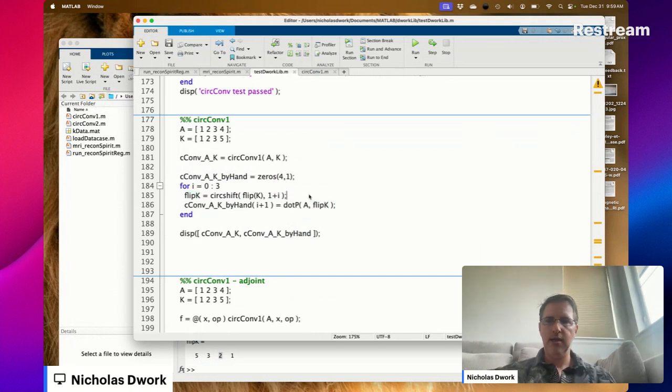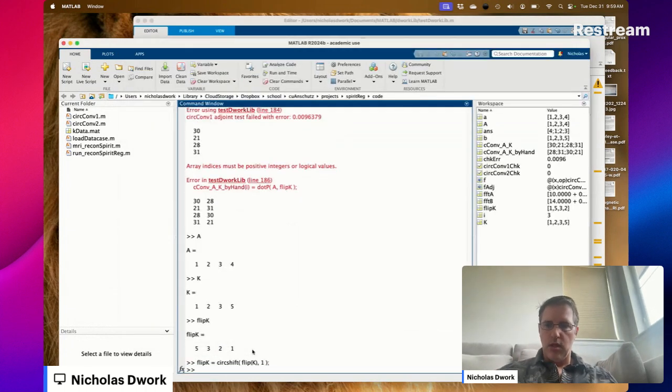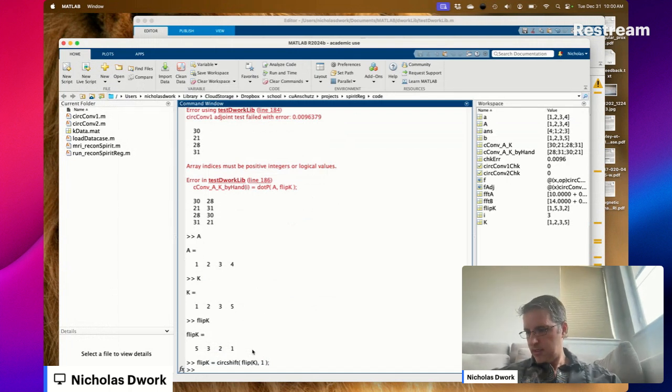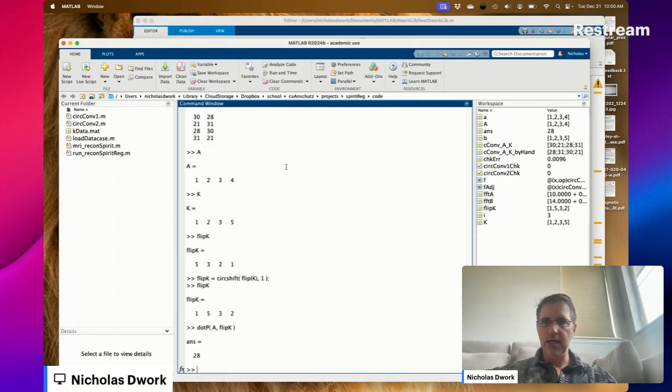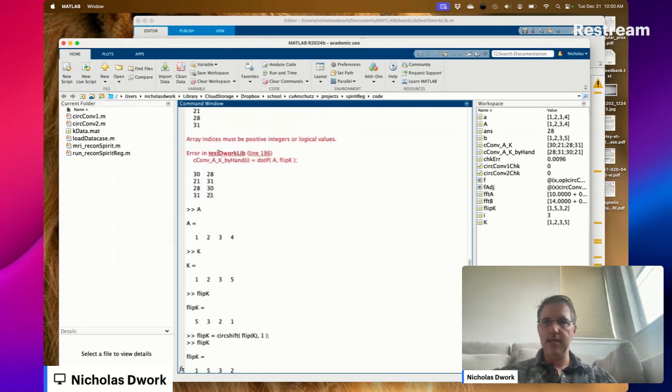Oh, because flip K was just the output of the iteration. So now if I look at flip K, 3 is indeed at the origin. That's right. Okay, so if I take the dot product of A and flip K, I get 28. So it should be 28 at the origin. So it looks like the FFT is correct, and the by hand is incorrect.